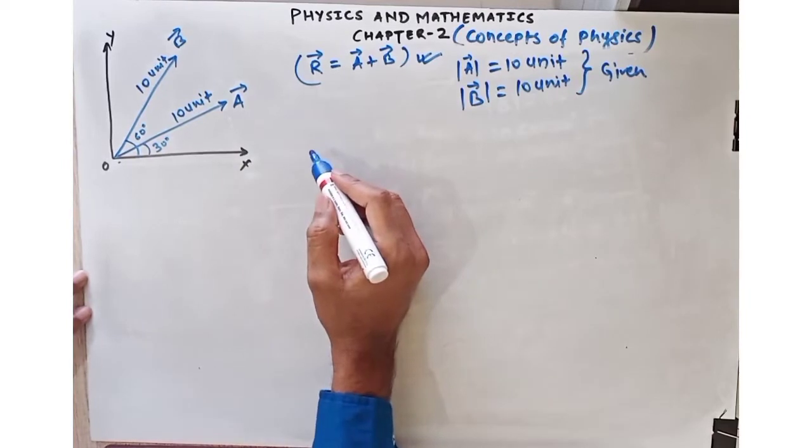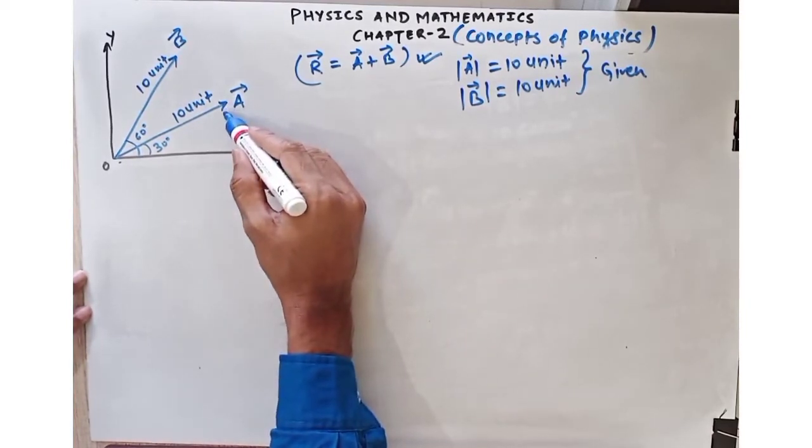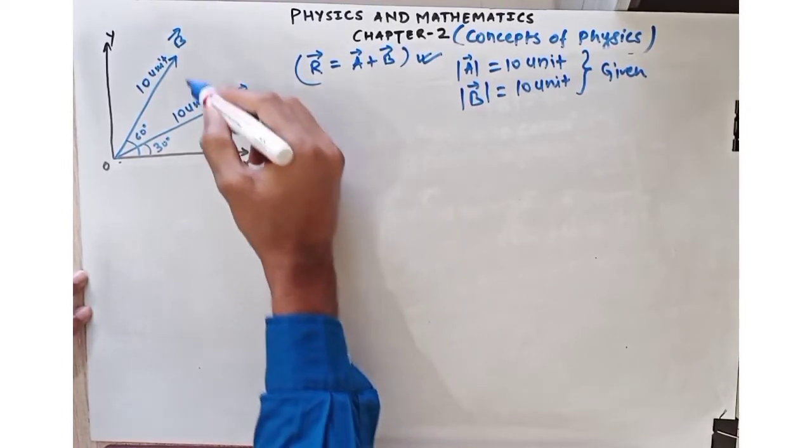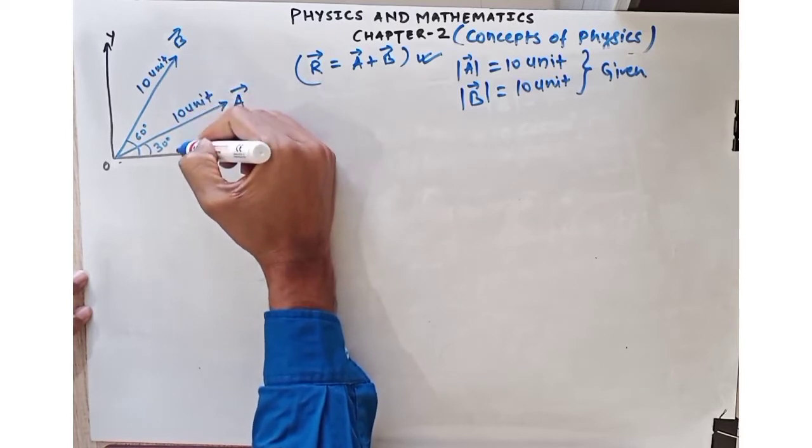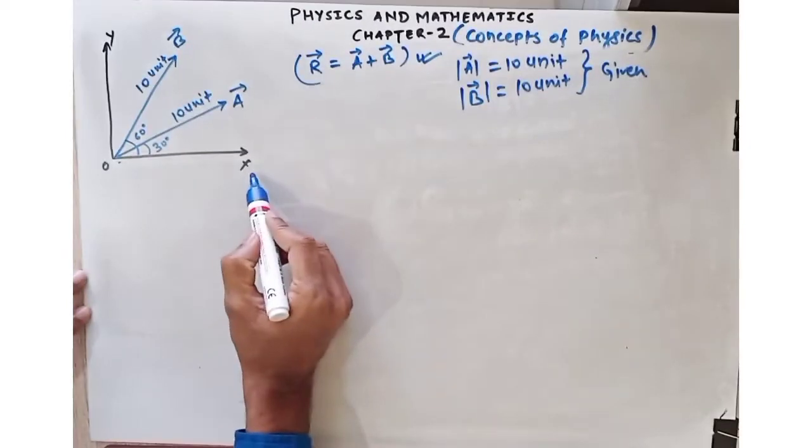So first of all, let us find the x component of vector A and the x component of vector B in the x direction.